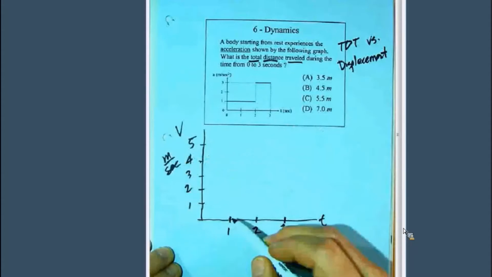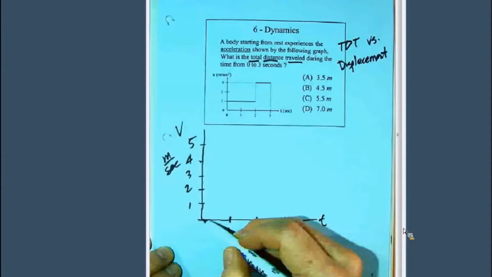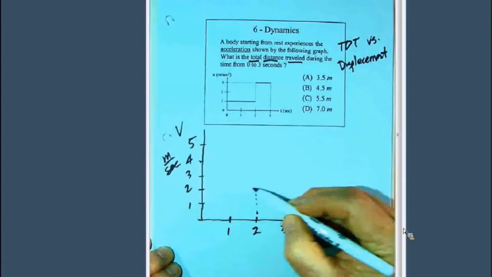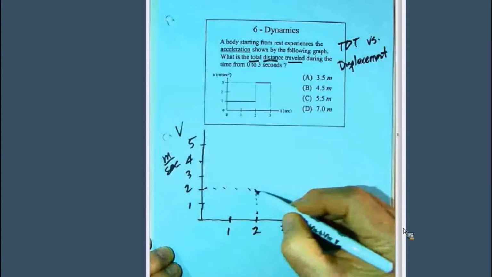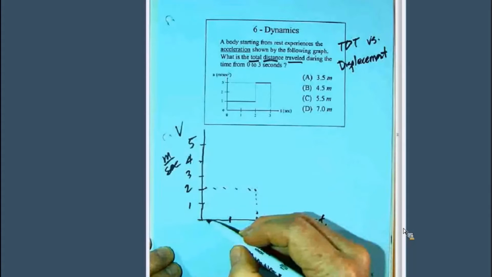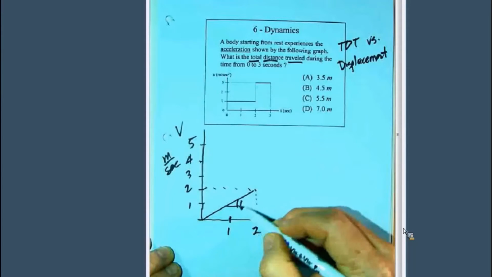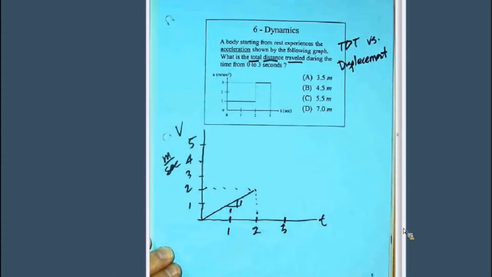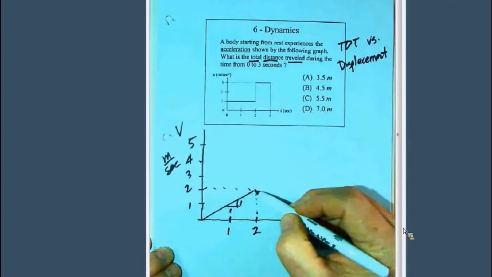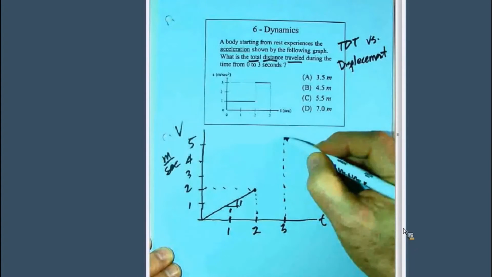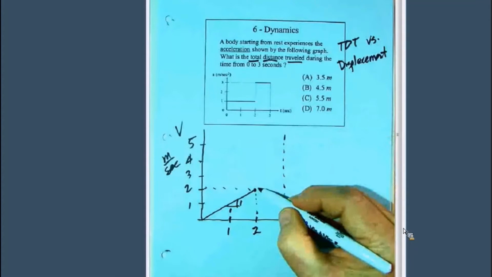And so for 2 seconds, I'm going to go at an acceleration that's 1 to 1. This really should be a 45 degree line, but again, these two scales don't have to be the same. I'm going to go this way, and it'll be 1 to 1, 1 meter per second for each second. So you're going to end up here at 2 because you've got 1 meter per second.